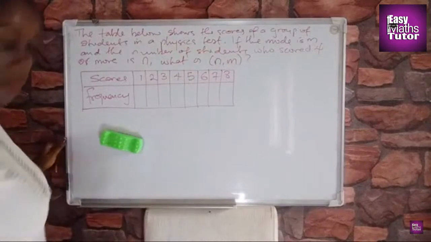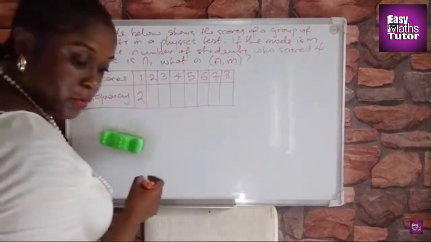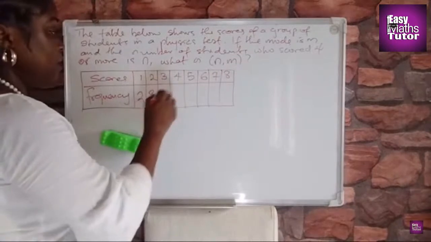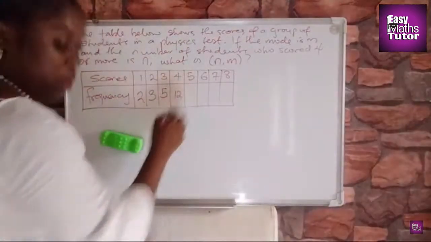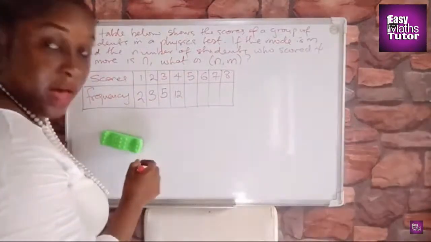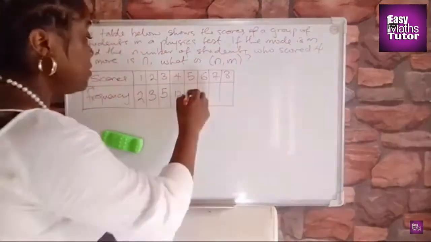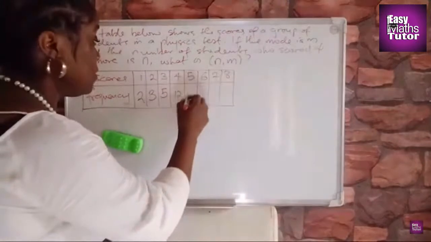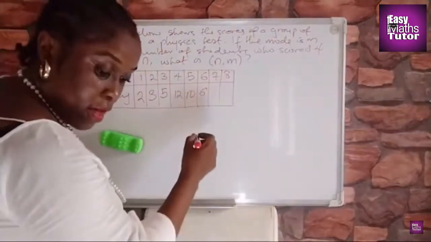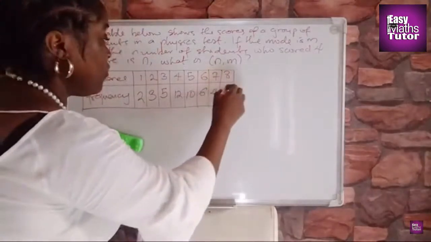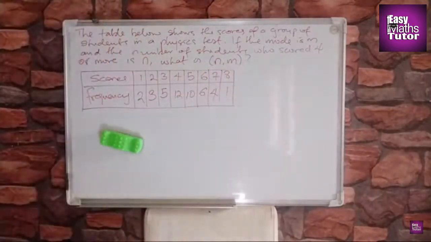Now the frequency for 1 is 2. For 2 is 3. For 3 is 5. For 4 is 12. For 5 is 10. For 6 is 6. And for 7 is 4. While we have for 8 as 1.